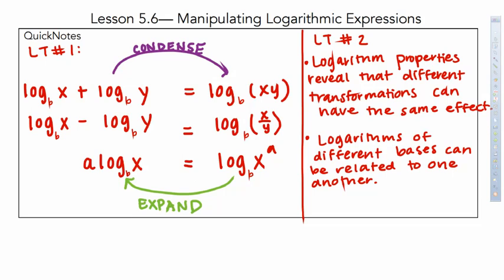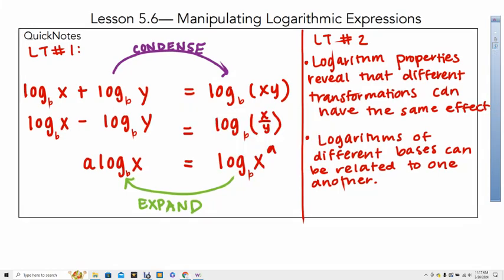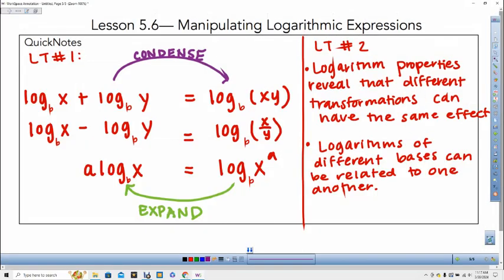And just to give you an idea of how it works, let's look at an example where we actually put some numbers in here. Let's say the log base 2 of 4 plus the log base 2 of 8.